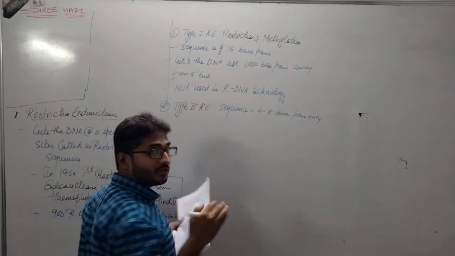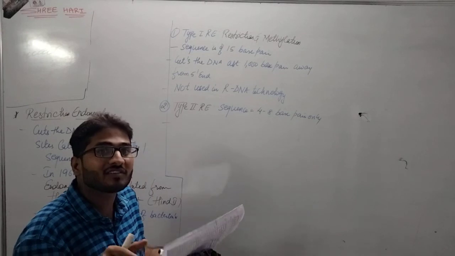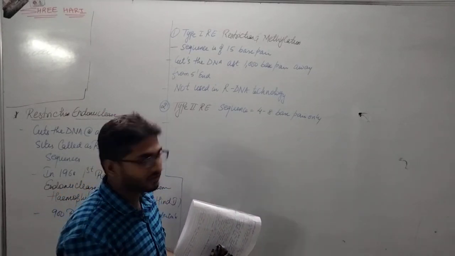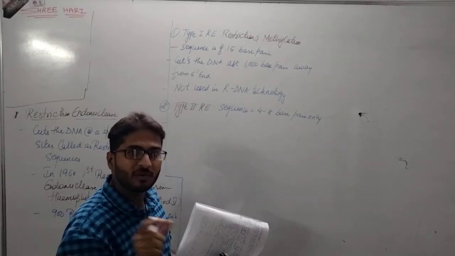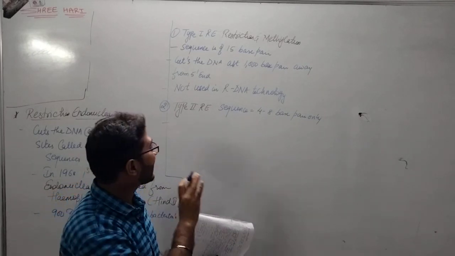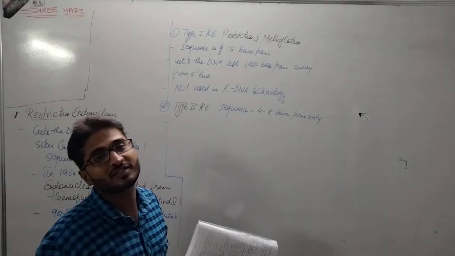And the cut is also very specific. That means it is cutting within the recognition sequence. Say for example, if the sequence is of 4 to 8 base pairs, let us assume an average of 6 base pairs is a recognition sequence for the type 2 RE. Then where does type 2 RE cut? Exactly within the recognition site only.